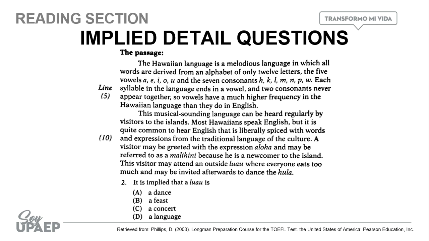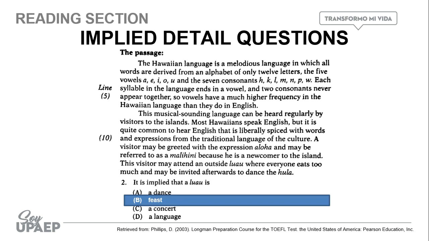The word luau appears where it says, this visitor may attend an outside luau where everyone eats too much and may be invited afterwards to dance the hula. Okay? So, according to this information, we can infer that a luau is a feast. Why? Because a feast is a party. So what do you normally do in a party? You eat a lot and you dance.